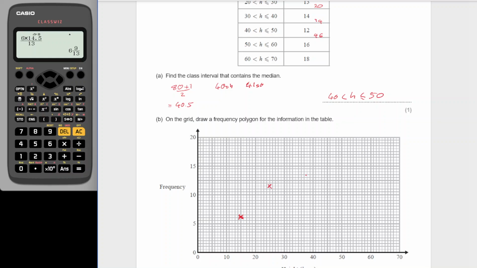And I'm actually going up in 2s, so I've got my axes wrong. So 7 would actually be here, 2 would actually be there. So 25 and 13, 25 is here, so 1, 2, 3 there. Then I've got 35 and 14.